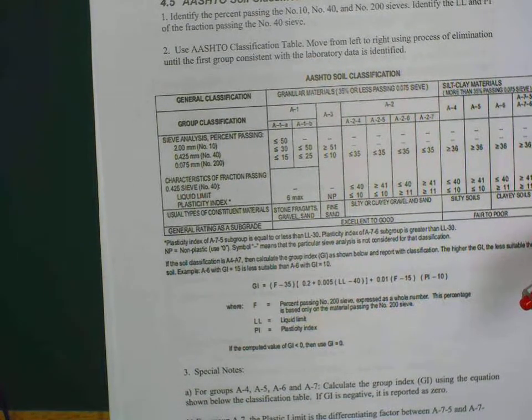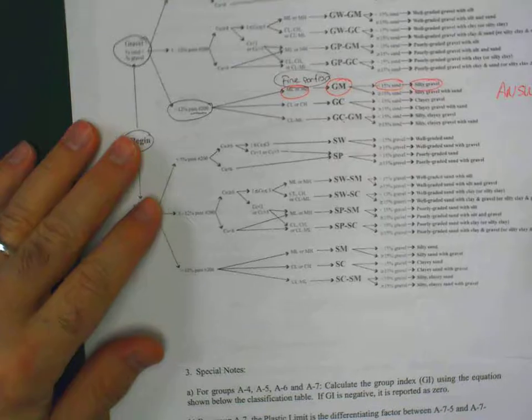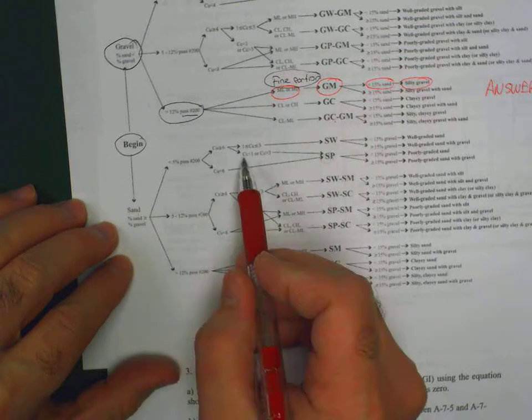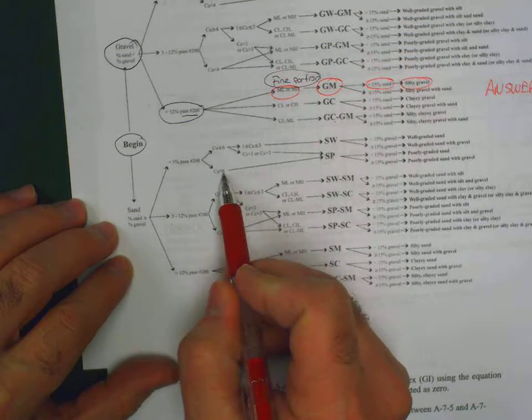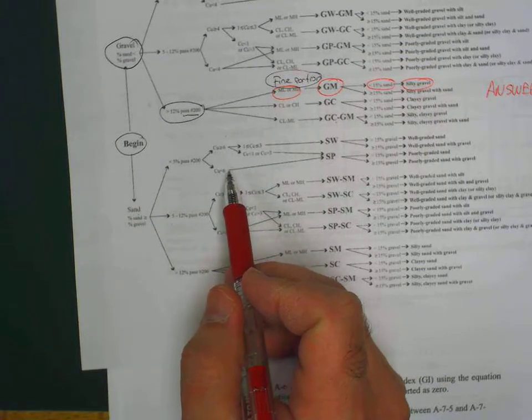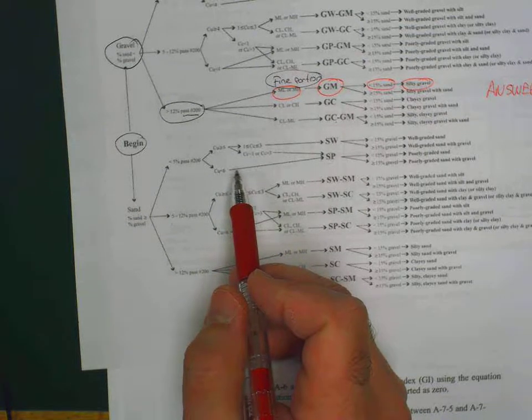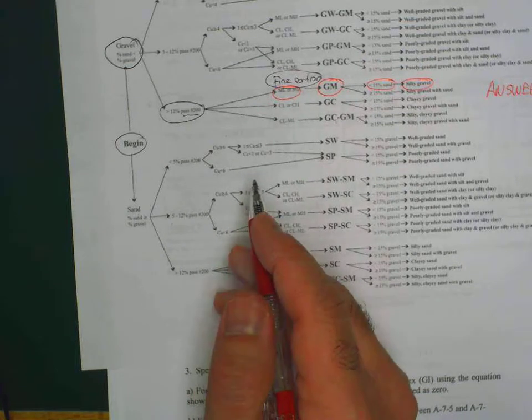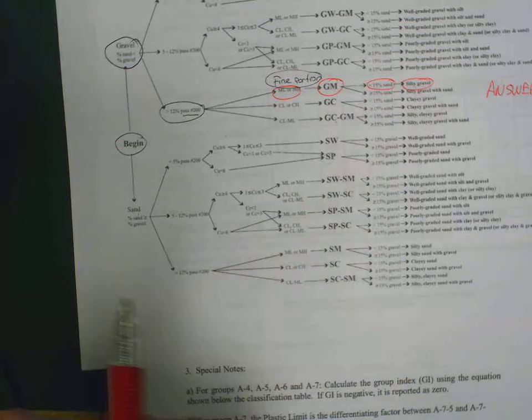In this case, we did not use the CU or CC, but we could have used them. If you end up going this route, you see at some point there's CU and CC. There's a question about CU. So in this particular example, I didn't need it, but you might need the CU and CC. As I said, once you have the grain size distribution, you have CU and CC, and you're done.